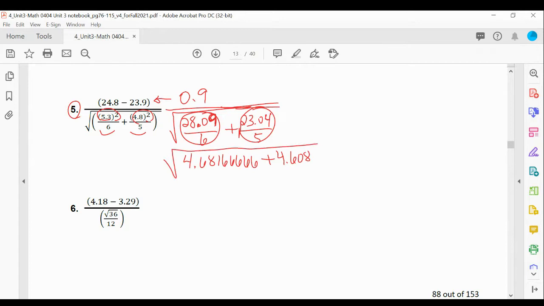They're still under the square root. So when we add those two numbers, 4.681666666 plus 4.608, I end up with inside the square root 13.28966666. And now take the square root of that answer.